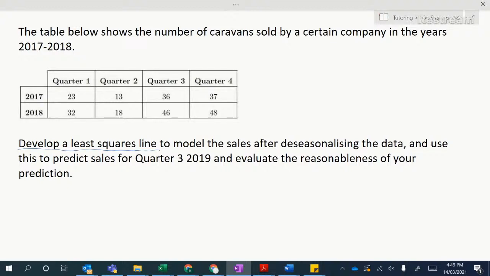If you don't know, the first step that you're going to need to do is to calculate the seasonal indices.